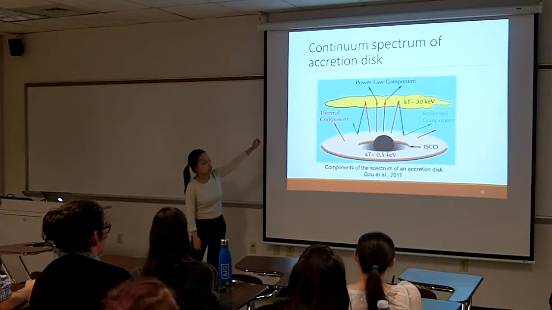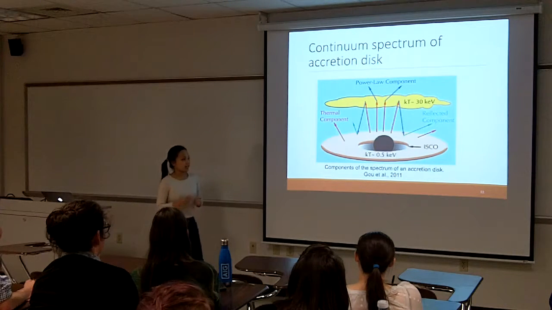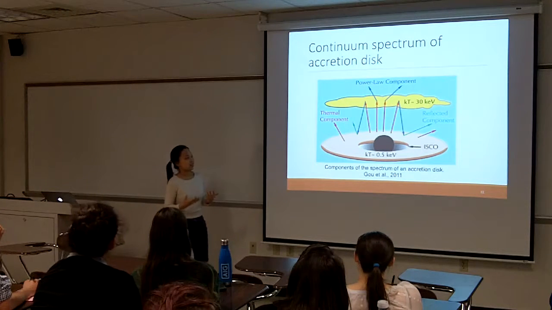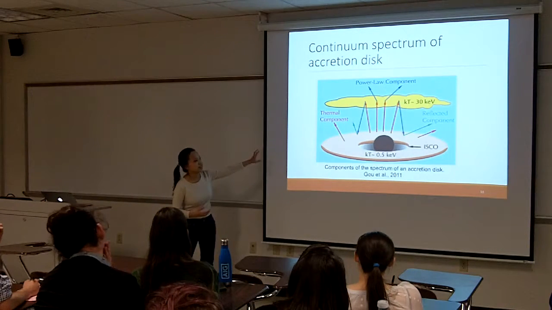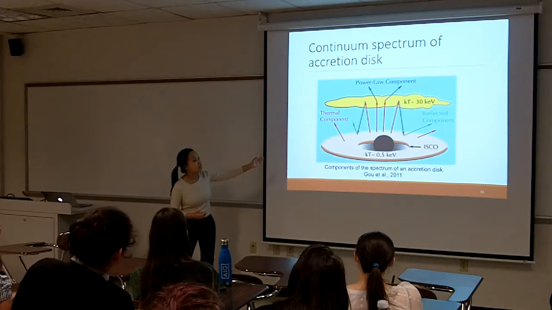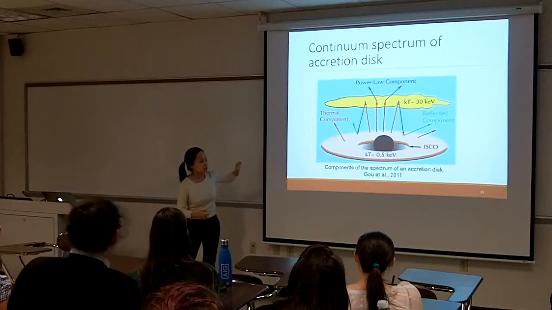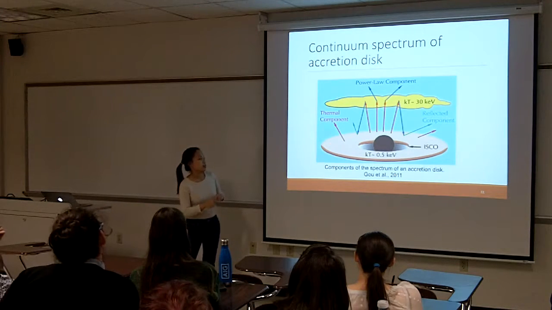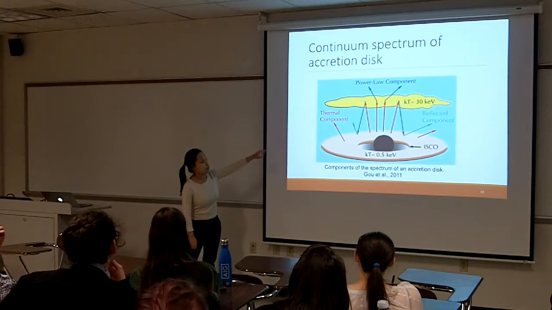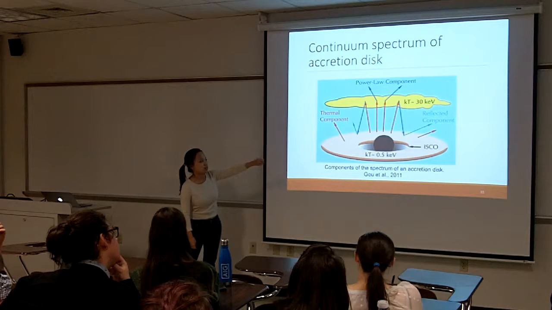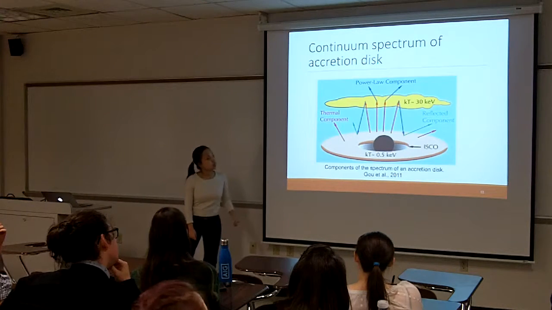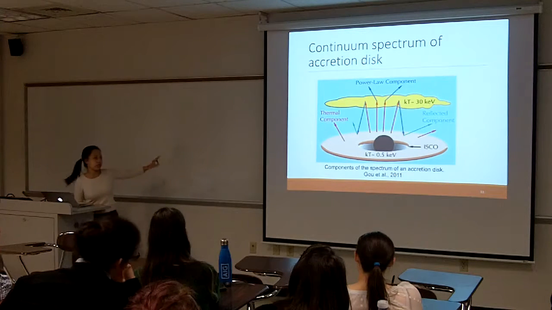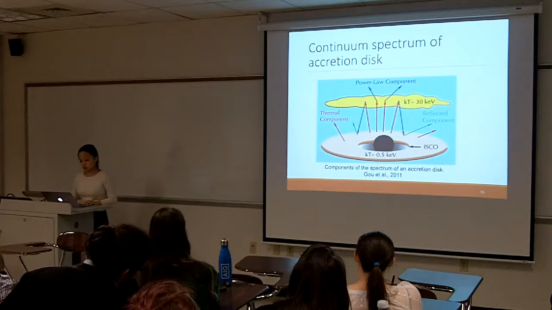The nearby cloud is excited and gets fluorescence, and it reflects light back to the accretion disk, so the spectrum we observed is composed of the intrinsic thermal component and the reflective component. And the reflective component is probably a power law component.